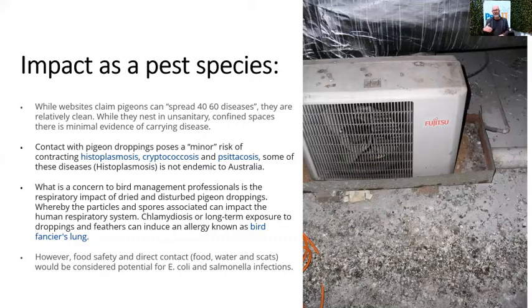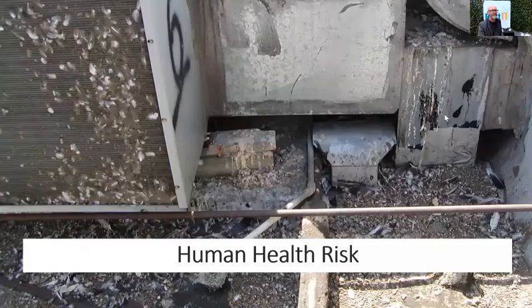And so that's the impact that bird droppings will have on the human respiratory system. From a food safety and direct contact with food perspective, that would also be the major issue in our clients' commercial facilities. So E. coli and salmonella being the main infections that we would see from a food safety perspective.